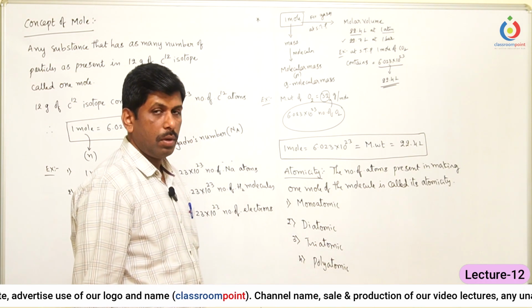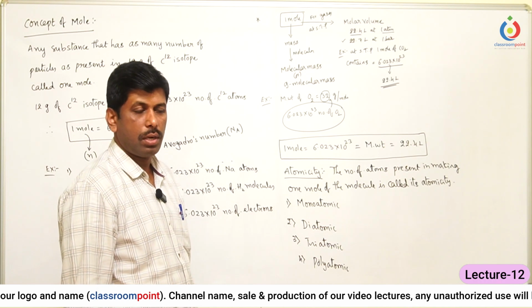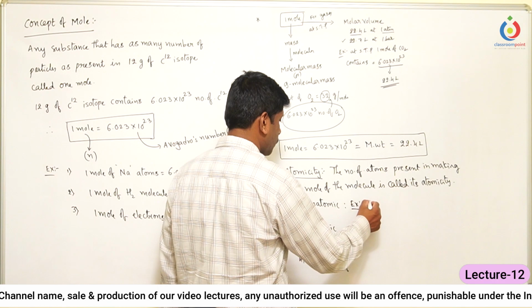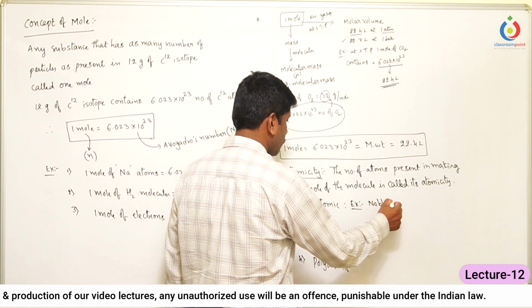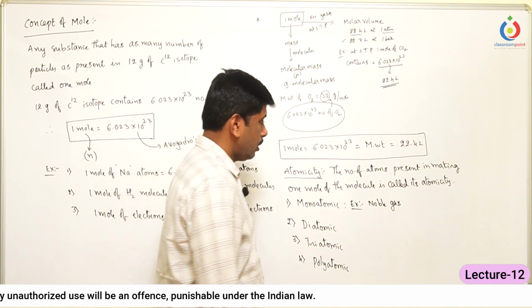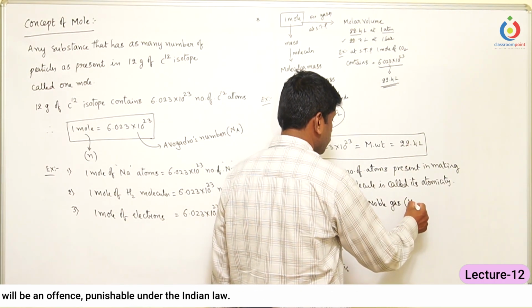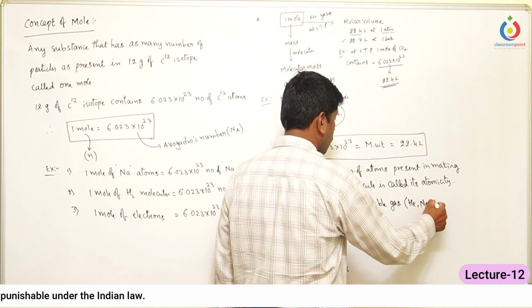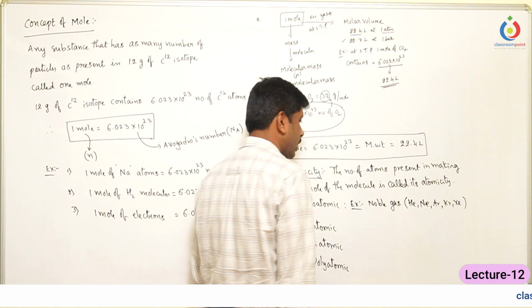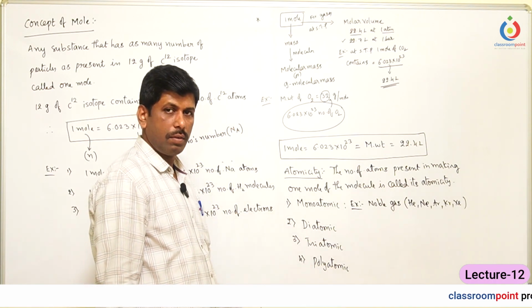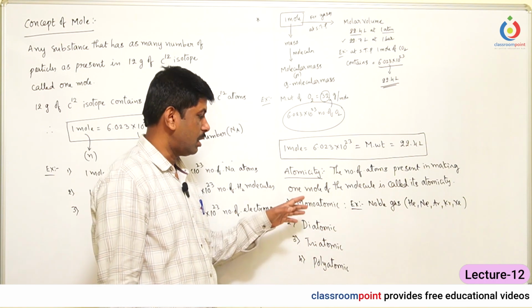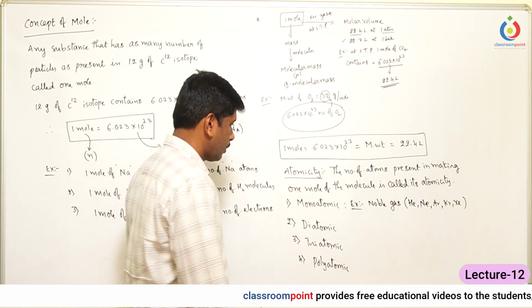Monoatomic molecules or atoms contain only one atom. Example, noble gases. Noble gases exist individually, so you know already helium, neon, argon, krypton, xenon, all these are gases. Radon we are not taking, which is a radioactive element. They exist independently having a single atom, that's why they are called monoatomic.